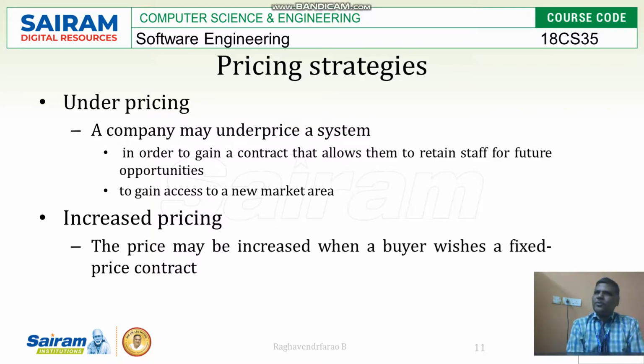They also look at the market prices and market areas, where they are able to sustain. At that time the company goes for underpricing. Increased price: if the buyer wishes that this product is required for him and has no other choice, they will increase the price of the software.